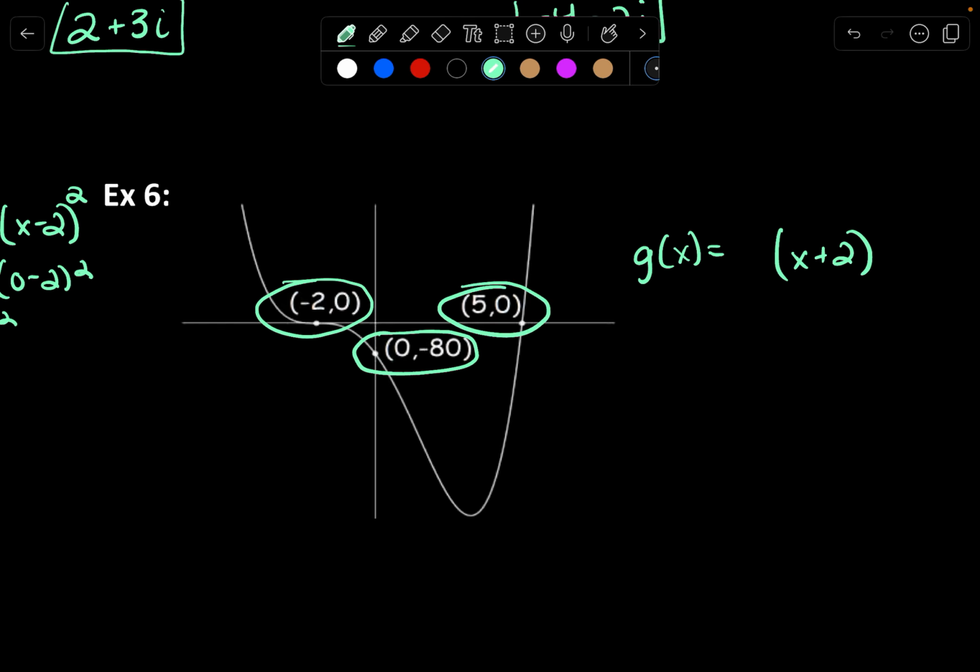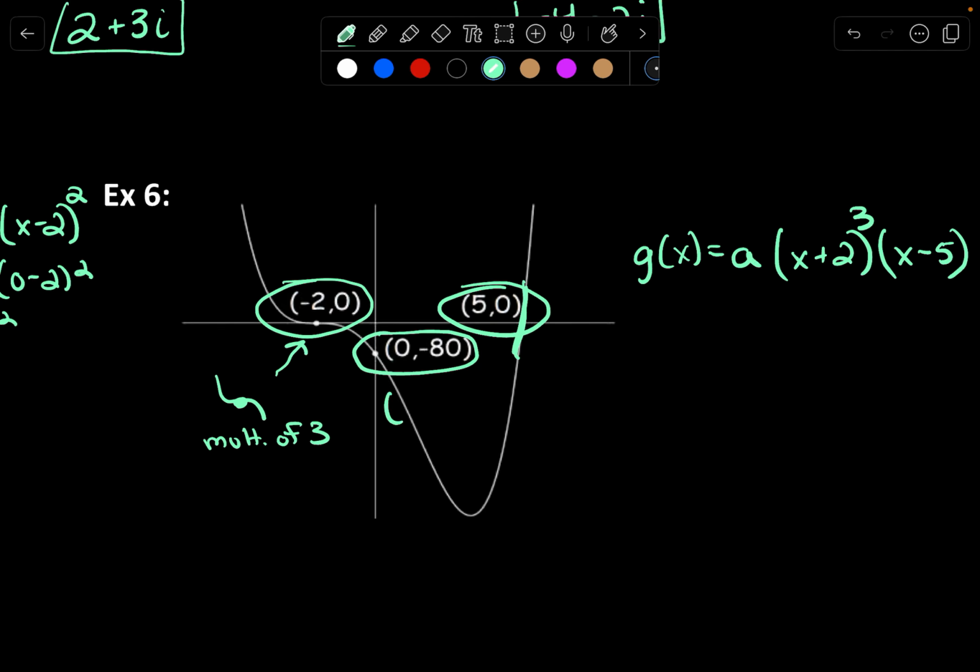My other x-intercept is at 5, so I'm going to do x minus 5. At -2, it is passing through, but it has that special slide in it, which means it'll have a multiplicity of 3. And then at 5, we're just going straight through, so that's a multiplicity of 1. Then I'll plug in my a here.